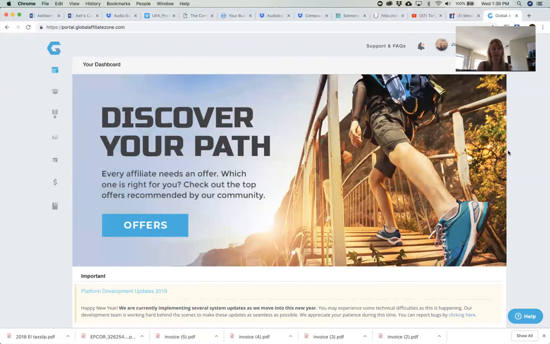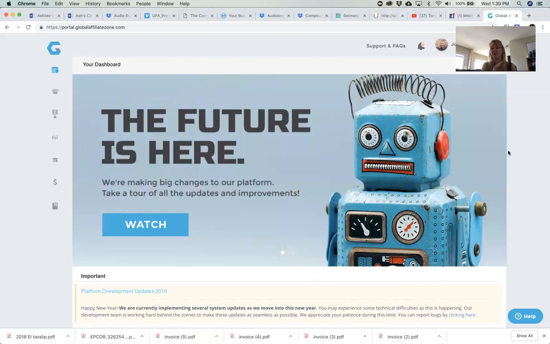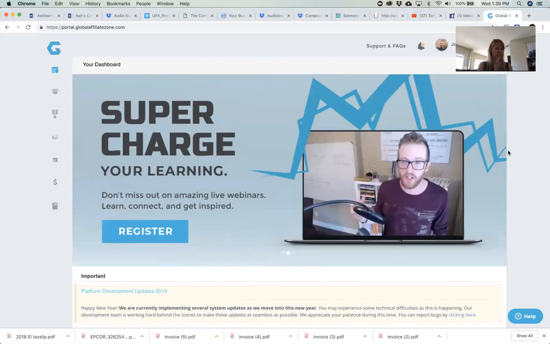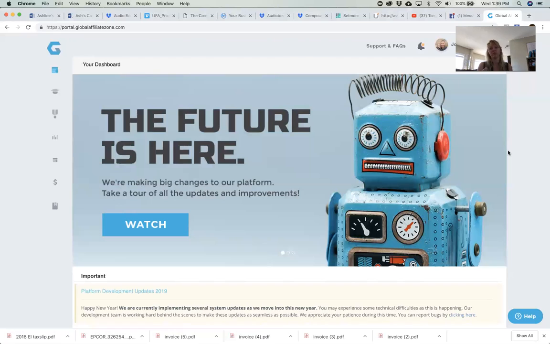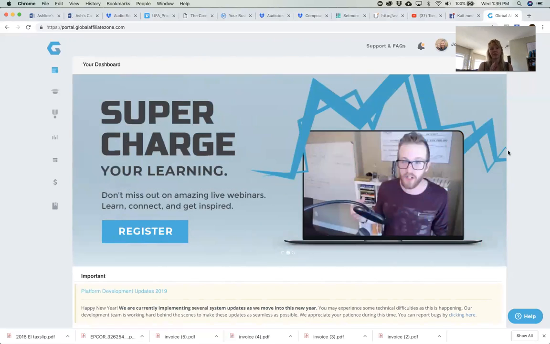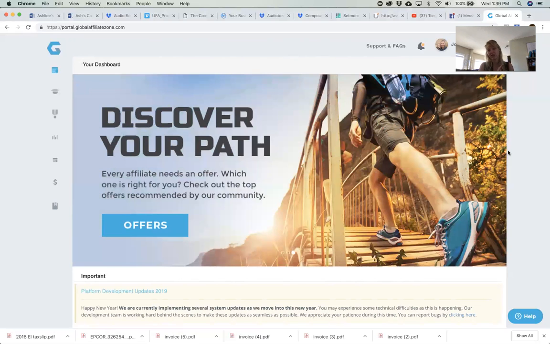But I told her to go through the offers tab, because the thing that people don't realize, even if they have a company they're previously promoting, is that I have never found a company that pays out over 50% of what the products retail for. So people are doing the same amount of work, but making 5% or 20% commissions.